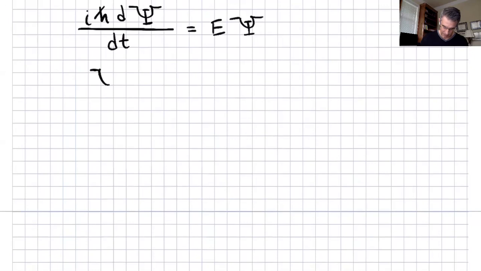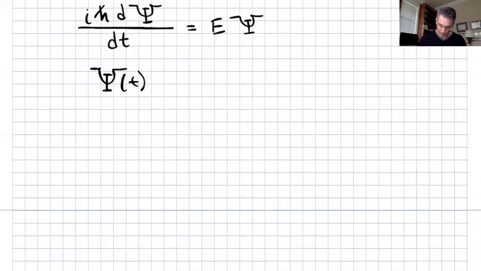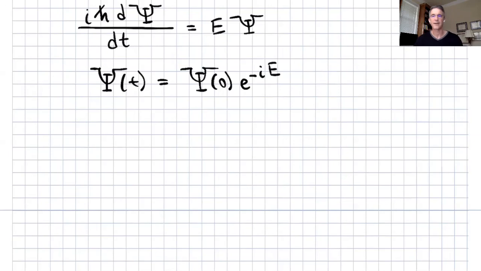The time dependence of that wave function, psi as a function of time, is simply equal to the value of the wave function at time 0, times e to the minus i, capital E, the energy of the system, times t divided by h bar.